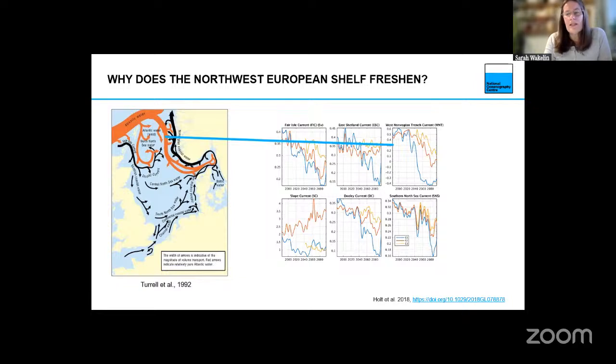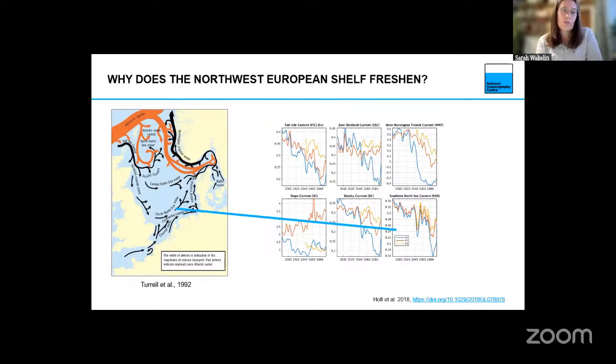So we're not getting as much salty open ocean water onto the shelf, and this also impacts the shelf sections as well. Basically, we're not getting the salty water coming in to mix with the river water, which is why the whole of the North Sea is freshening in this particular climate scenario.